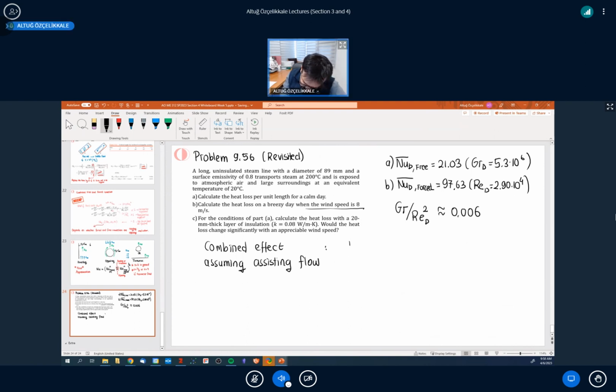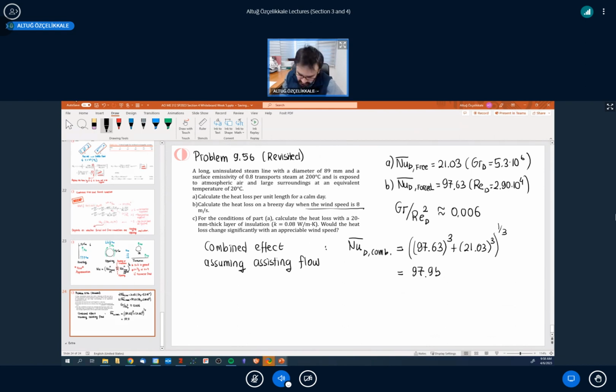Under those cases, the average Nusselt number under combined conditions is equal to 97.63 raised to the power 3 plus 21.03 raised to the power 3, all of this raised to the power 1/3. When you do the calculation, you are going to see that it's very close to the forced convection conditions.